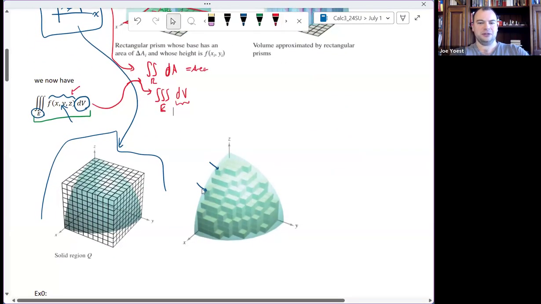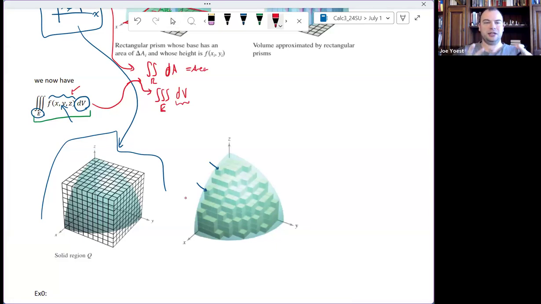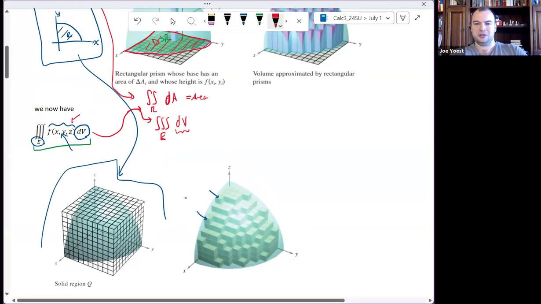So essentially we're assigning a quote temperature of 1 to each of these cubes, and then we end up just adding up the volume of each of these little cubes that fill in this three-dimensional region. So this is a volume.